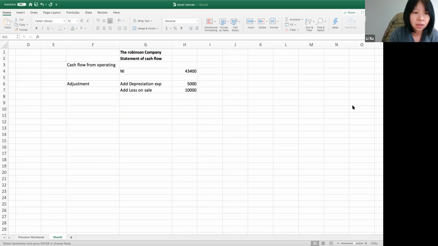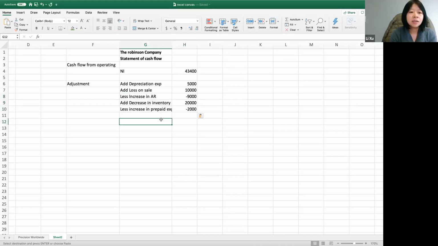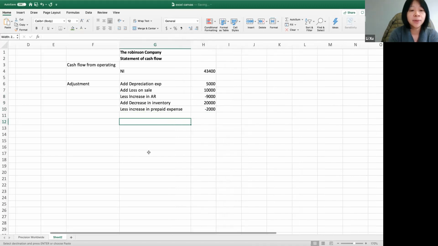So this is what I did here. Three items: I subtract the increase in accounts receivable, add the decrease in inventory, and subtract the increase in prepaid expenses. All right, so that's everything about the current assets.